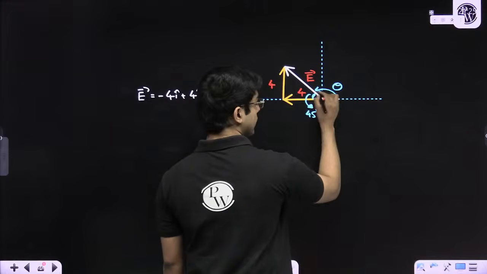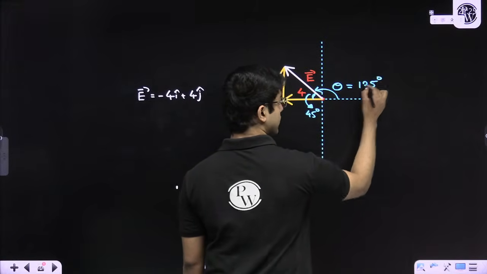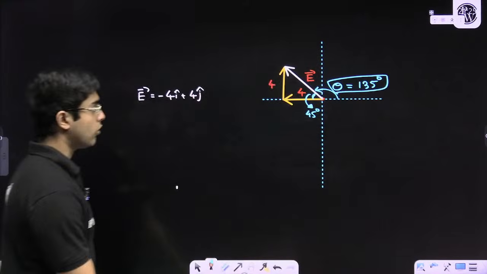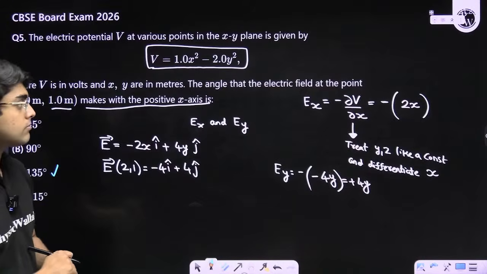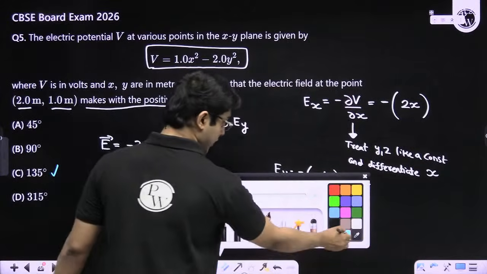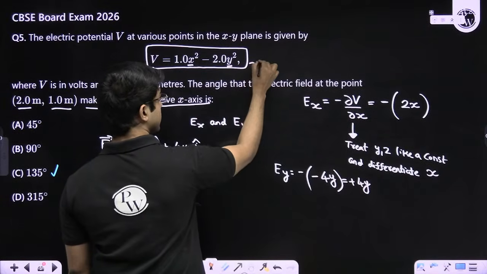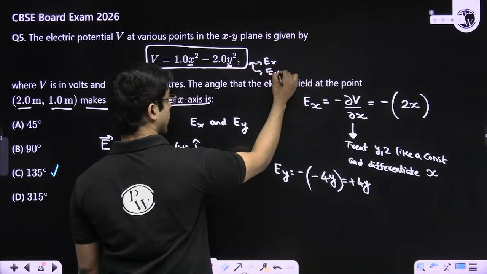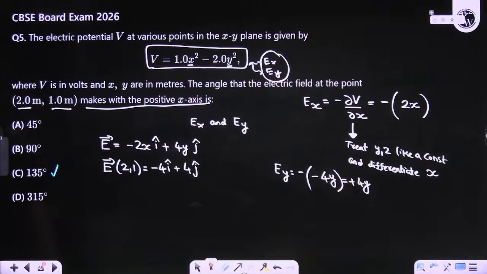So this angle will be 180 minus 45, which is 135 degree. And this is what the question asked. 135 degree will be the answer. So if potential is given to you and it has x and y both, then you have to find Ex and Ey. That is something to keep in mind.